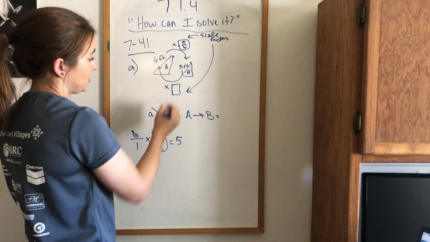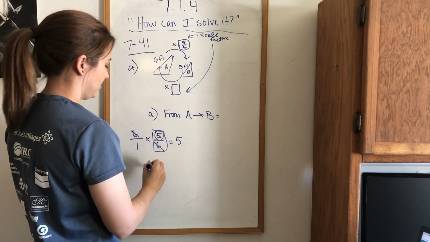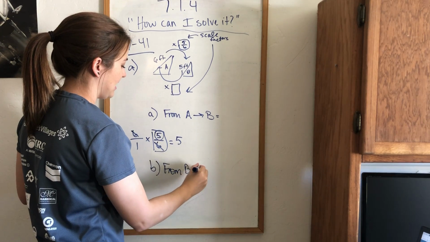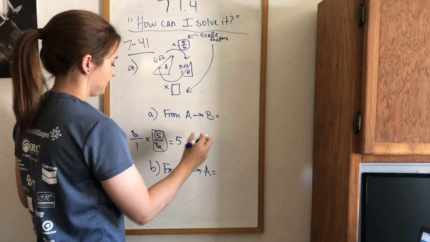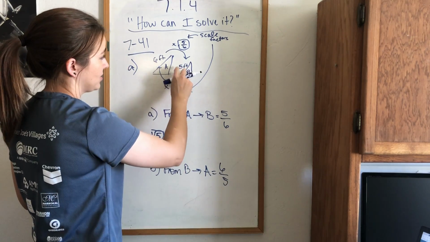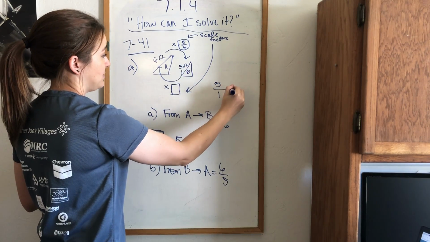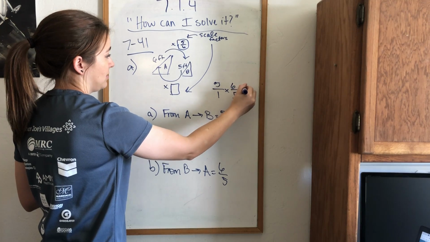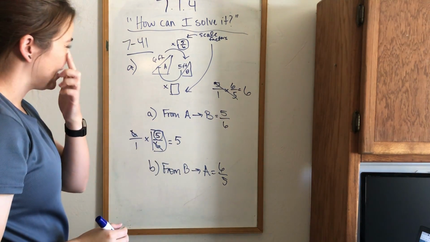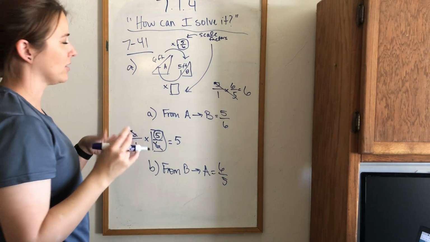This one is just going to be flipped from B to A. It's going to be 6/5, because if you take this 5 and times it by 6/5, you get 6. Now I got the 5/6.